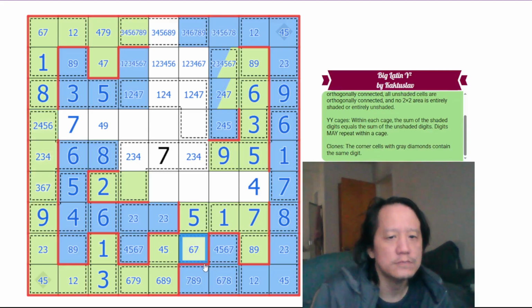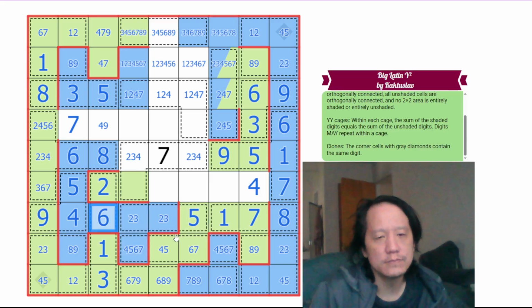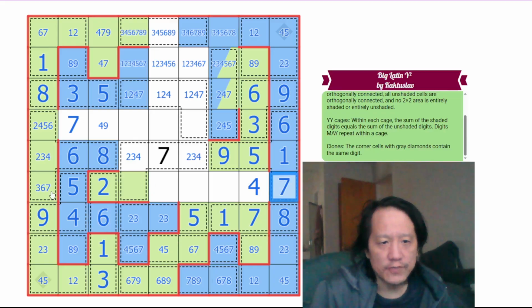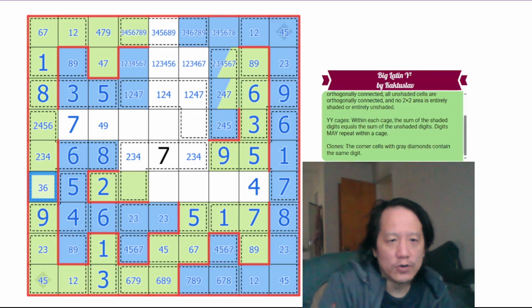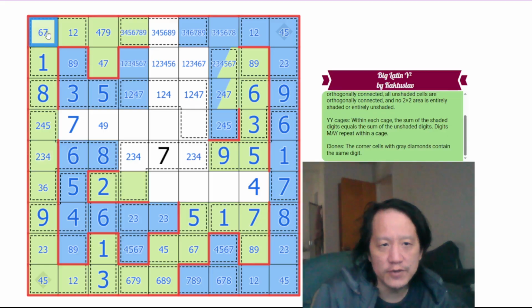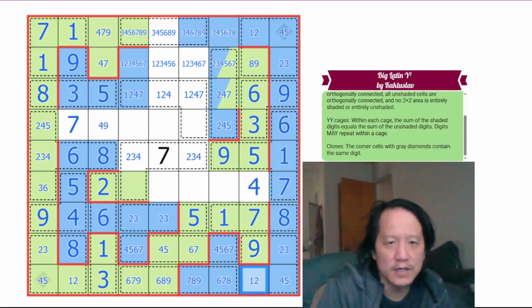Oh, this can't be 7 anymore, because this can't be 7. This can't be 6. So where's the 7 in column 1? It has to be here. So then this is 7, this is 1. That adds up to 9, so this is 8. This is 9, that's 8.